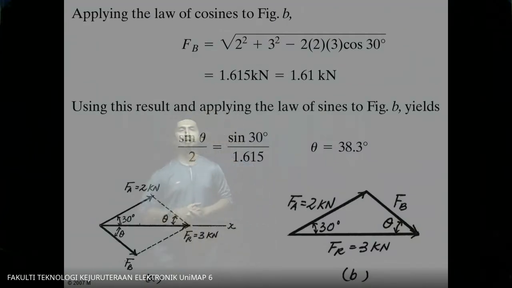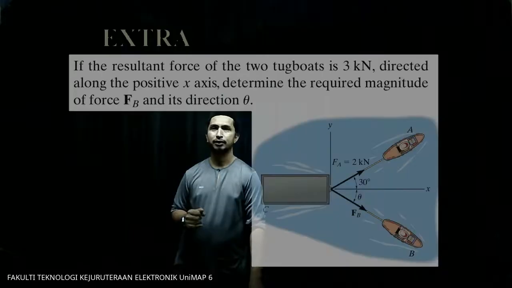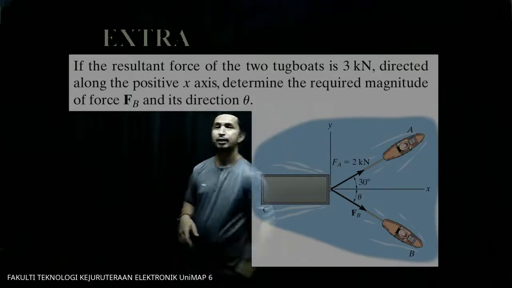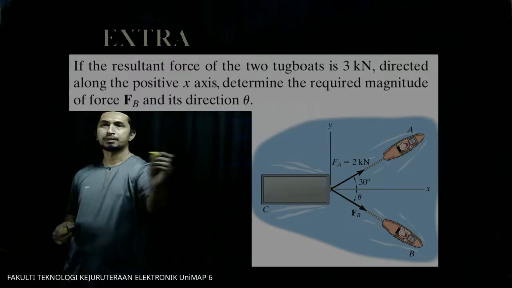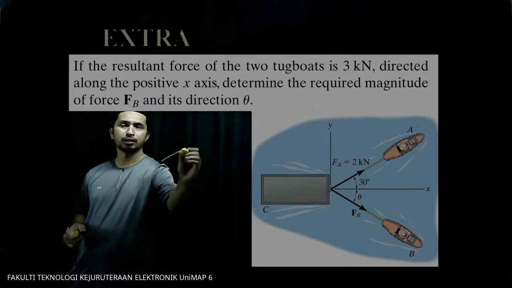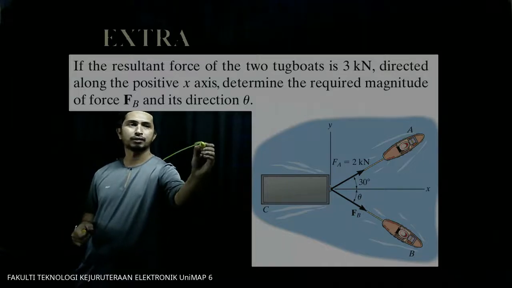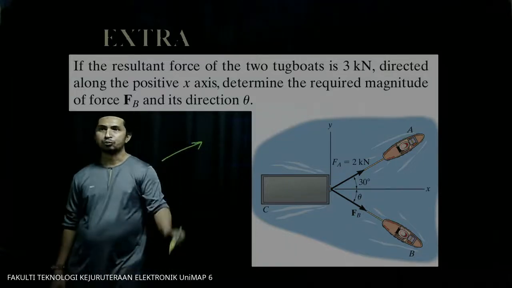We need to draw the vectors. So we have FA. Kita ada FA kat sini. Saya tunjuk kat sini, we have FA. This is FA. And then we have FB.